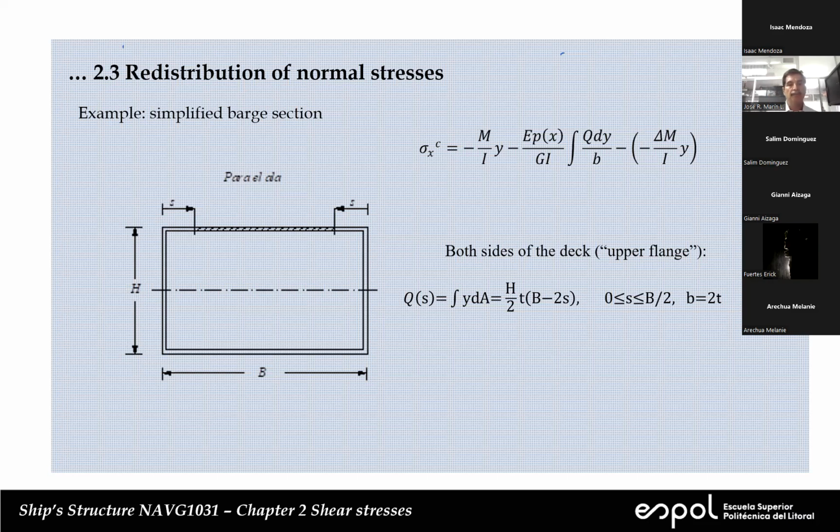So we have B, that's the beam, and H in this case would be our depth. And we're going to assume that the thickness in general is uniform over the whole section, right? So we want to calculate the normal stress distribution in the section, considering the influence of the shear stress. Okay, so let me go back.